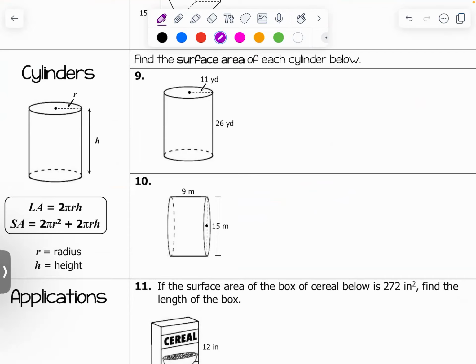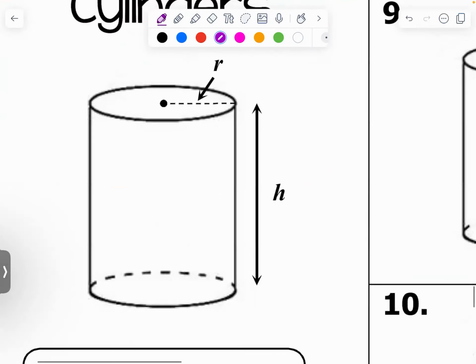So here's the deal. In a cylinder, how do you find the area of a circle? Pi r squared. And how many circles do we have? We have 2 of them. Now I want you to imagine we take some scissors and we cut and lay it flat, like we take off the circles.